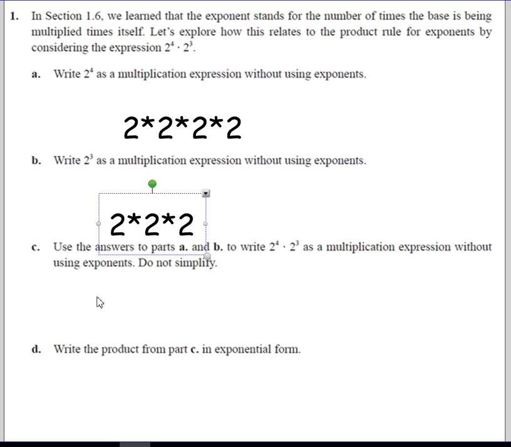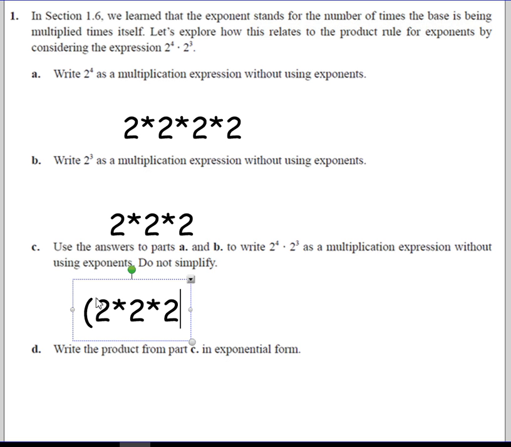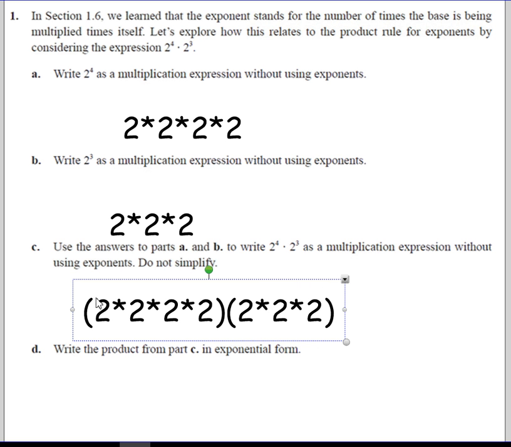And so if we write that as the product of those two, we have 2 to the 4th power, and we're multiplying that by 2 to the 3rd power, so let's expand that one again. And so we can count the number of 2's that we have total, which is 7, and so we can simplify it by doing 2 to the 7th, from expanded form back into exponential form.